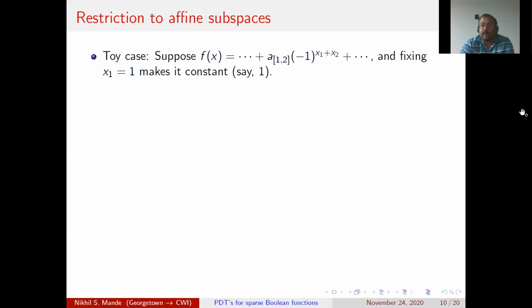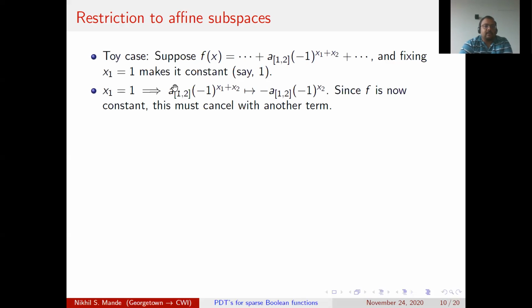In general, this would be fixing a set of parities to a certain set of values, but this is just a toy case for illustration. So fixing x1 equal to 1 means this whole term collapses to minus a12 times x2, where a12 is the Fourier coefficient of this parity.